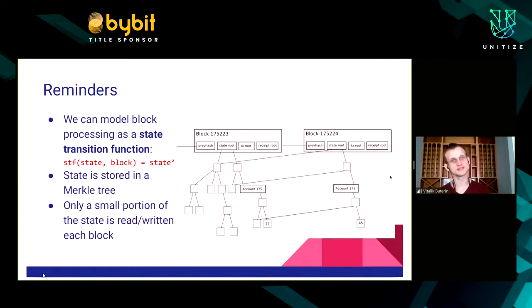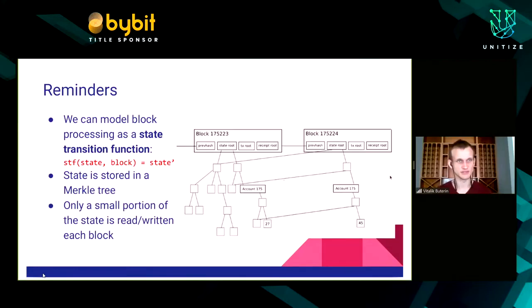For example, if the previous state is that Alice has 50 coins and Bob has 50 coins, and the block has one transaction that transfers 10 coins from Alice to Bob, then your new state, state prime, is going to be the state where Alice has 40 coins and Bob has 60 coins. Sometimes a block is not even valid in the context of a particular state.